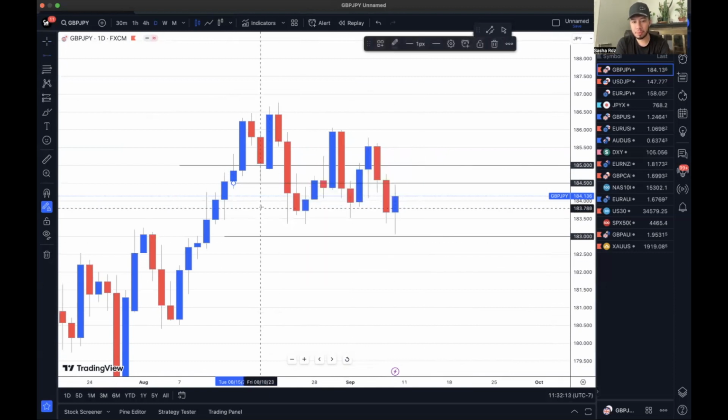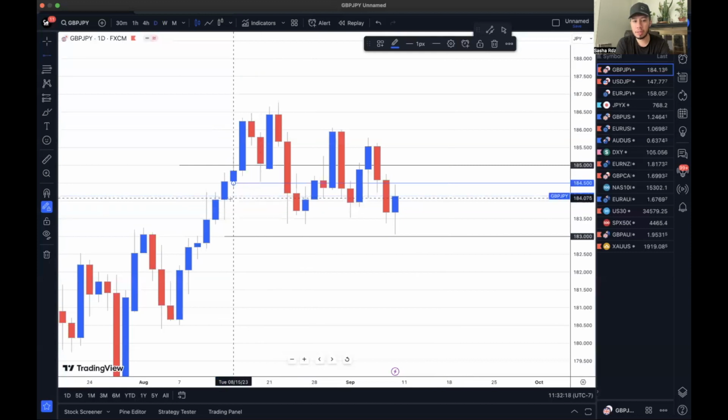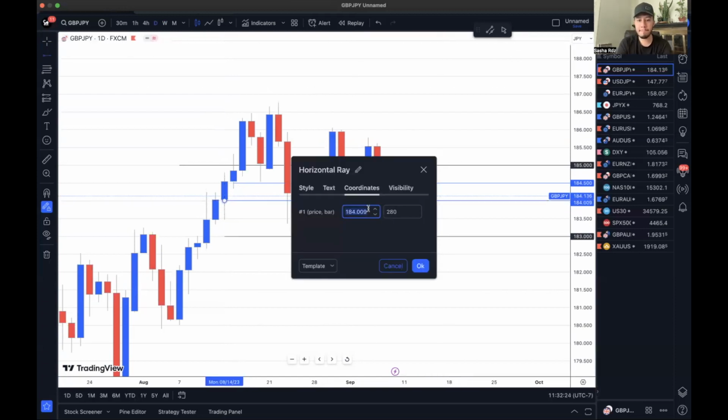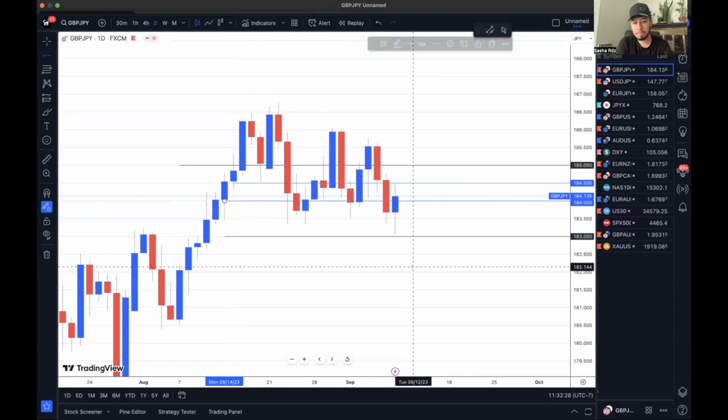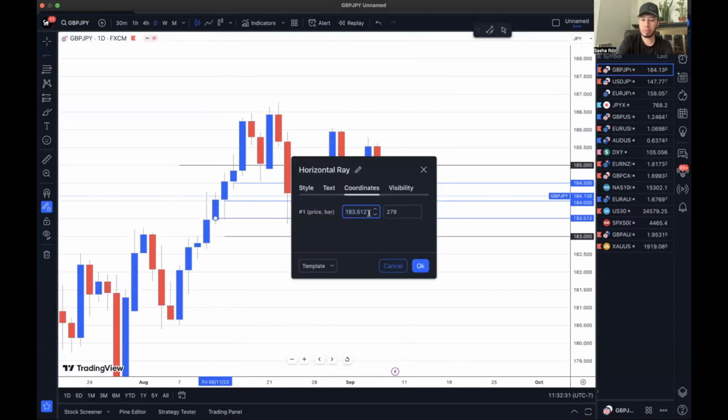Fix it so it's clean. You may want to change colors just so you know it's the daily support. 184 flat.